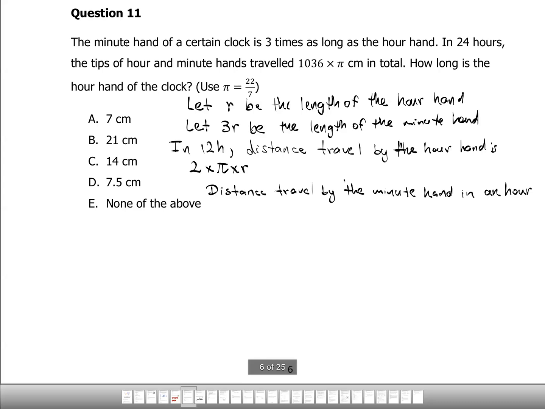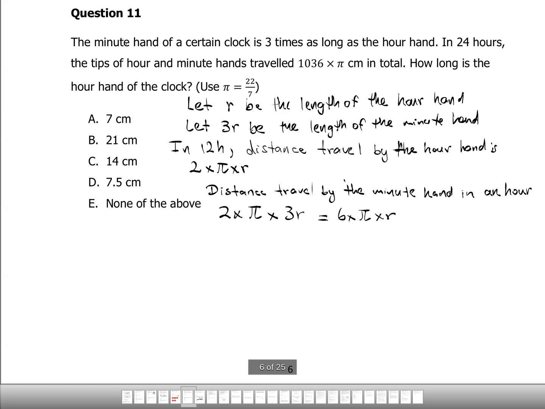So the circumference of that circle created by the minute hand as it travels in 1 hour is 2 times pi times 3r. 3r is the radius, the length of the minute hand, times 2, that's the diameter times pi, similarly. It's the same formula. And to simplify this, it's 6 times pi times r, as 3 times 2 is 6.